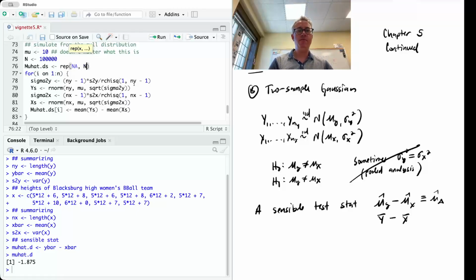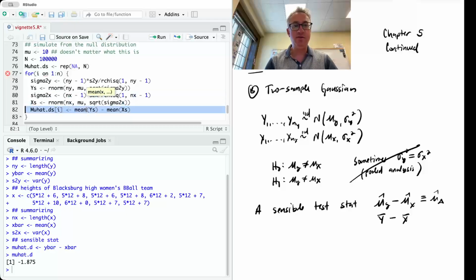Okay, so see how there's one copy of chapter 3's simulation of y values under a Gaussian distribution and another copy, and then I calculate the difference in their means.